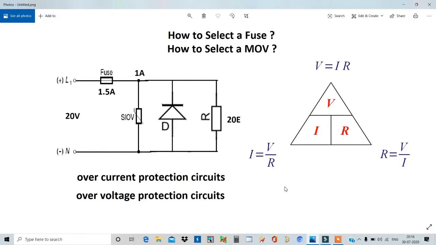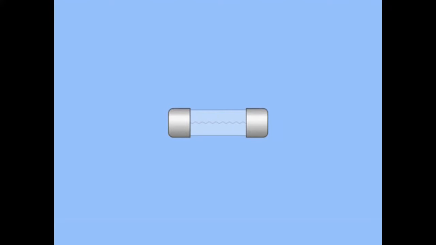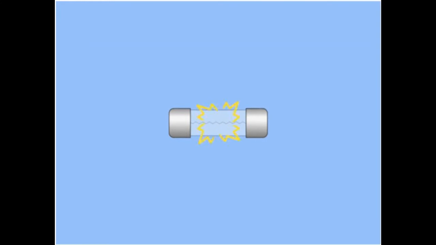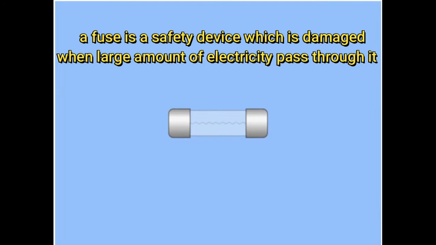Hi friends, today I am going to explain overcurrent protection circuit and overvoltage protection circuit. So what is a fuse? A fuse is a safety device. First of all, we need to know why they call it a safety device.